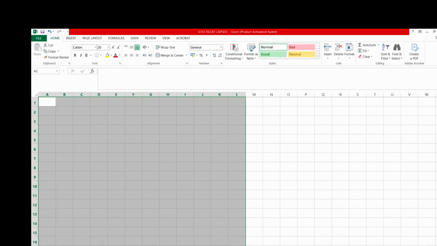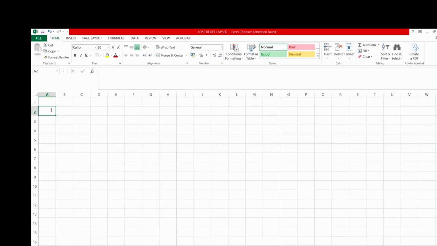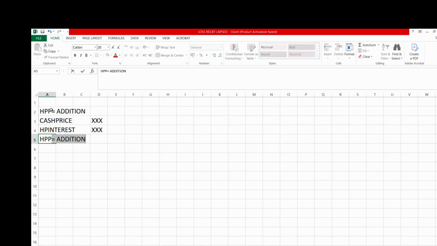Hire purchase price, HPP, can be equal to the addition of cash price plus hire purchase interest. The addition of this will give us the hire purchase price.